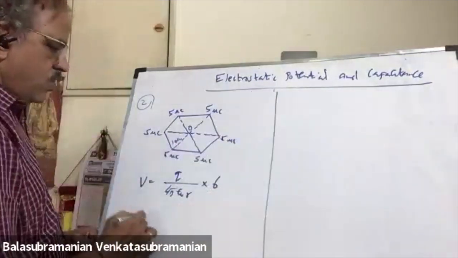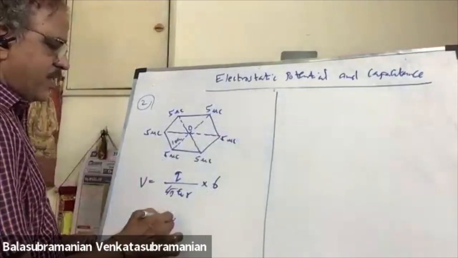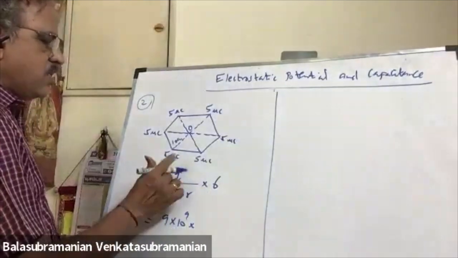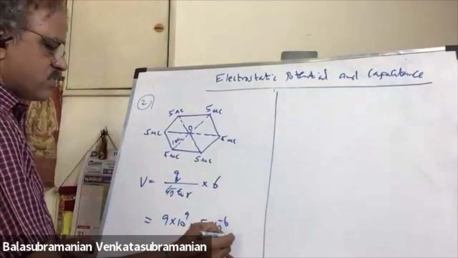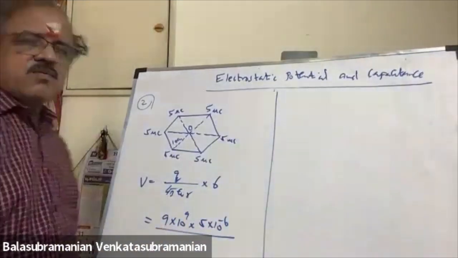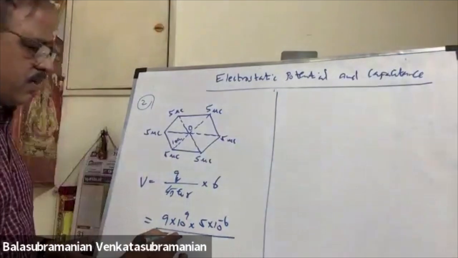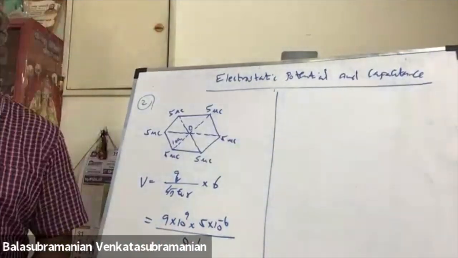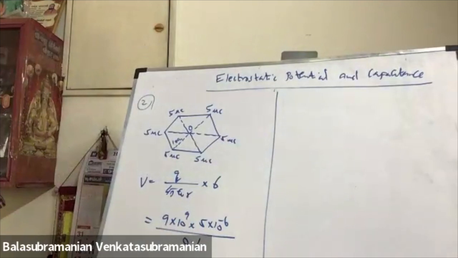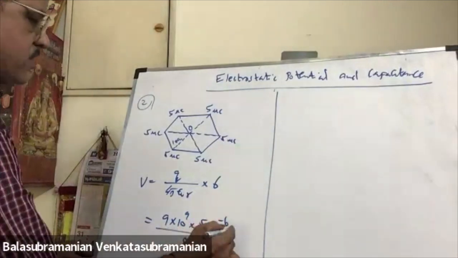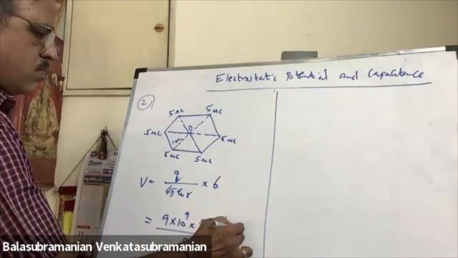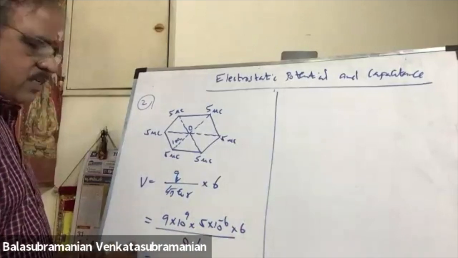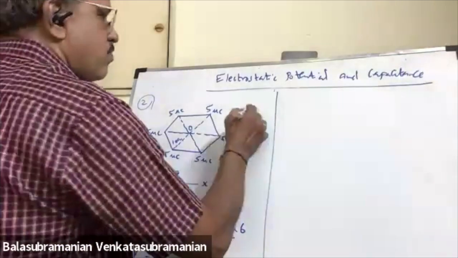That's all. 1 by 4 pi epsilon naught is 9 into 10 power 9. Q value is 5 into 10 power minus 6 divided by R, 10 centimeter, 0.1 meter. Of course, we have to multiply by 6. Calculate the potential.